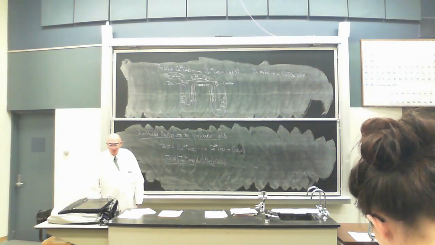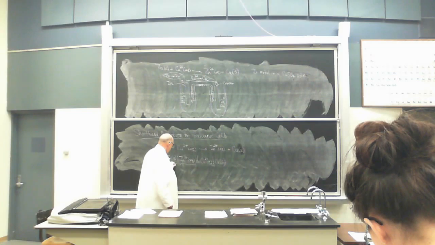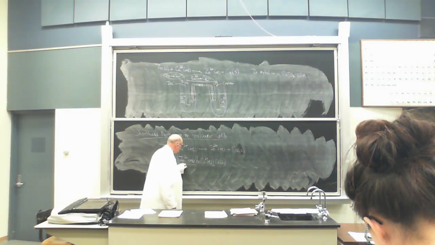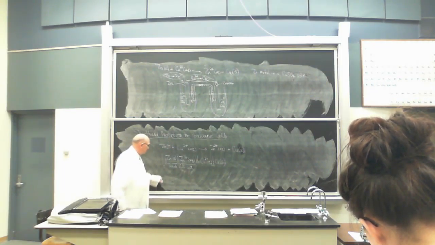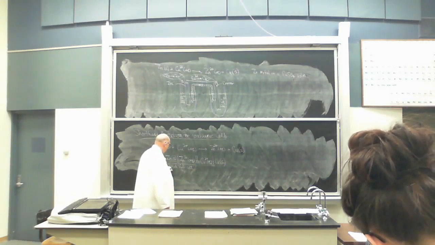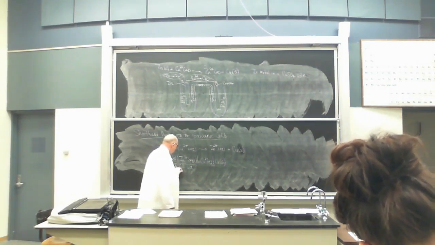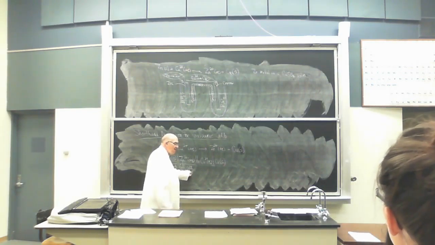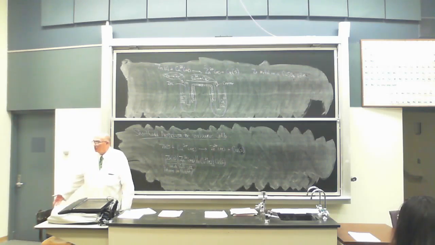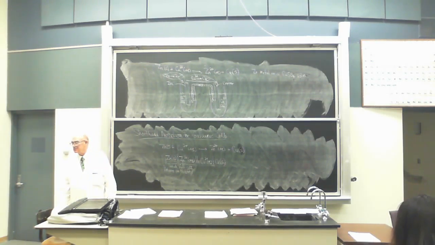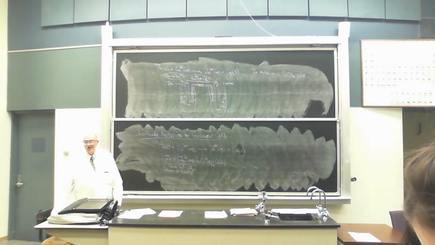That is the anode half cell. And the anode half cell is always on the left. By definition, it's on the left. Now, anode is what? Where oxidation occurs. By definition, anode is oxidation. By definition, oxidation is loss of electrons.